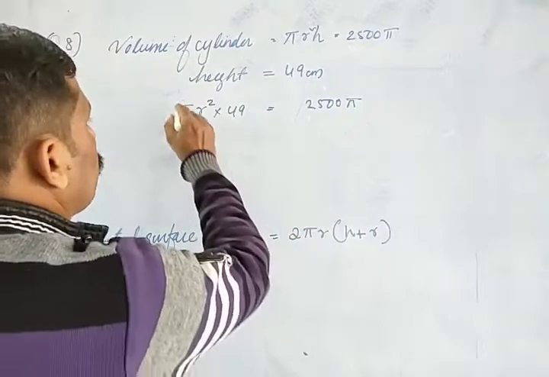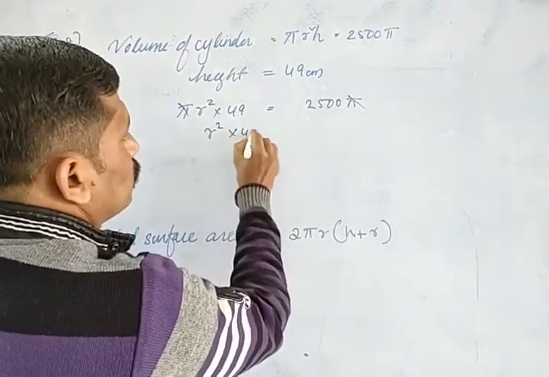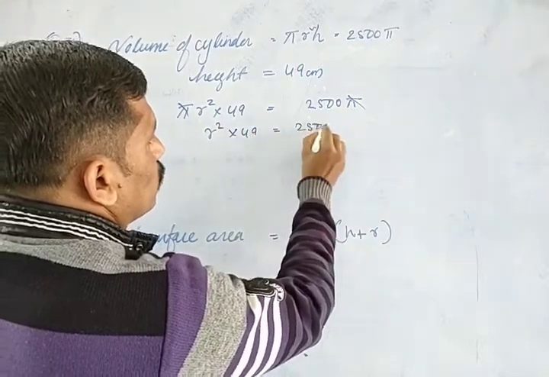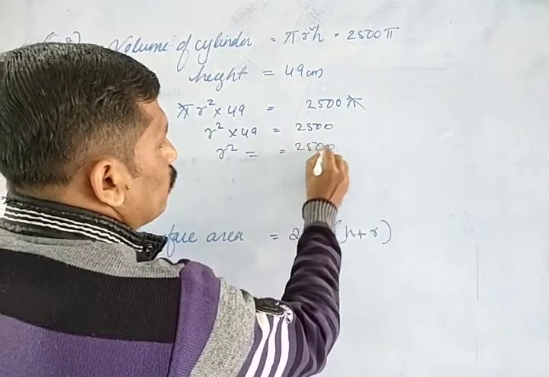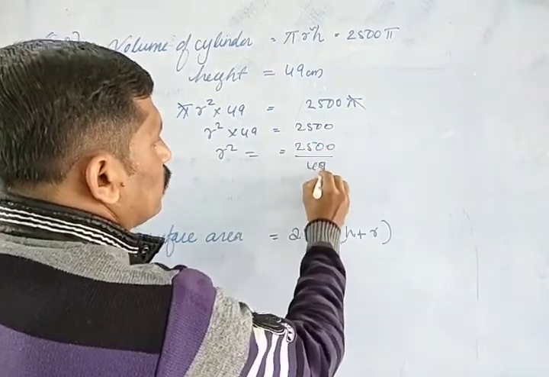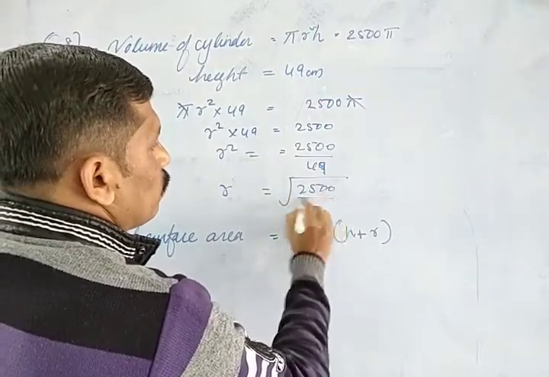So here pi is on both sides, that pi we cancel, then r square into 49 is equal to 2500. Therefore r square is equal to 2500 divided by 49.